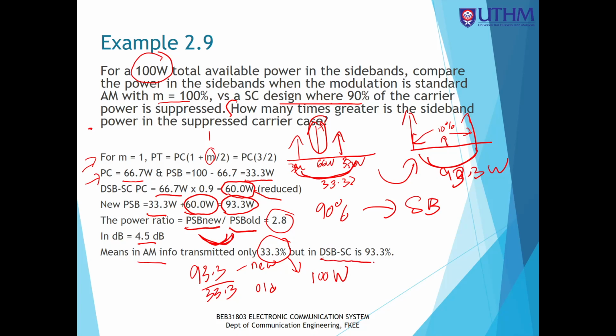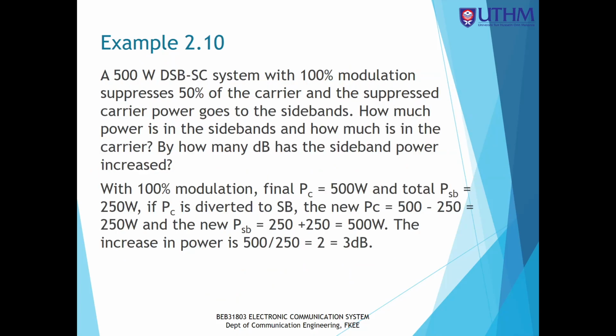But in double sideband suppressed carrier, the power is 93.3%, which is higher. So theoretically, when we suppress the carrier, it goes to the sidebands.